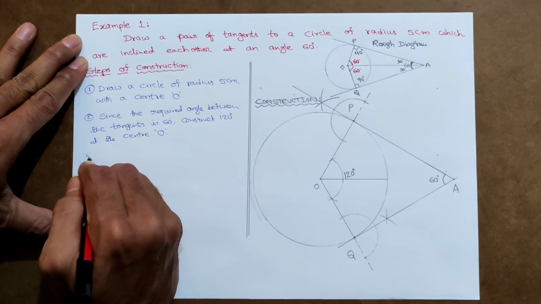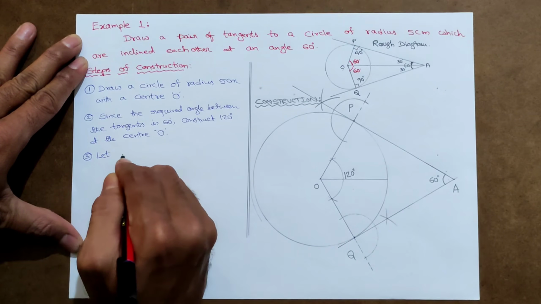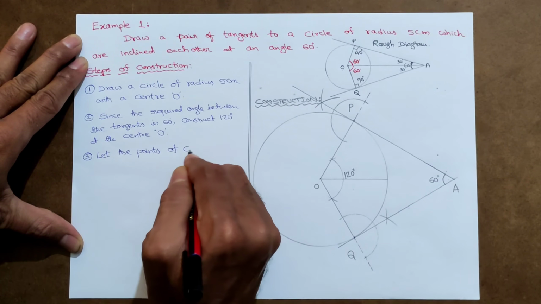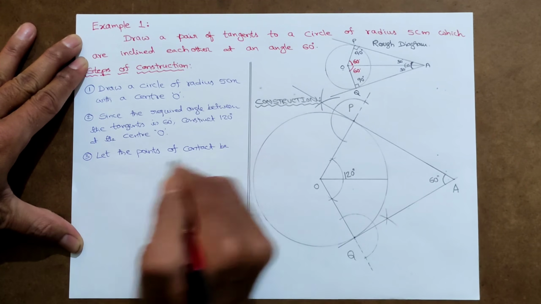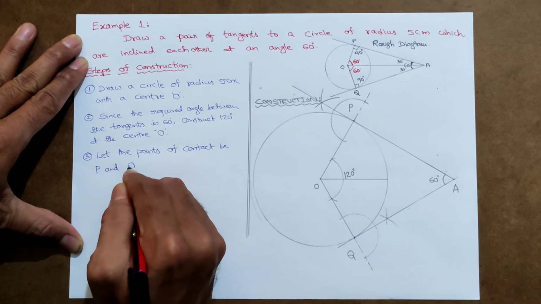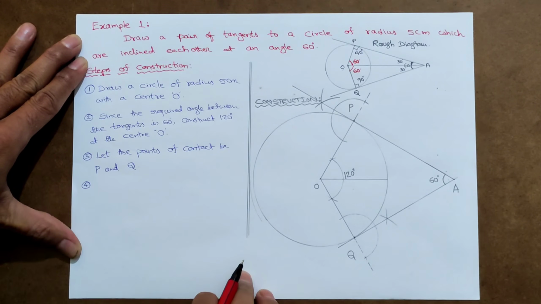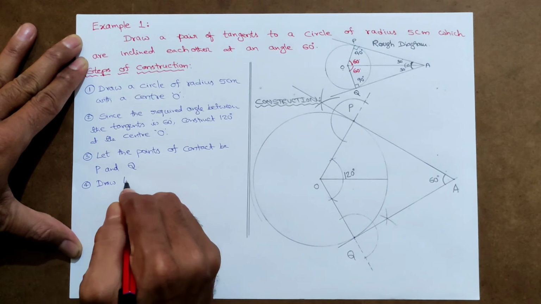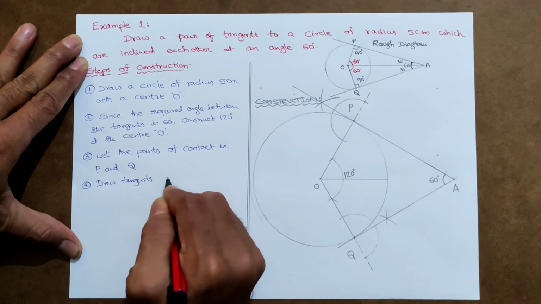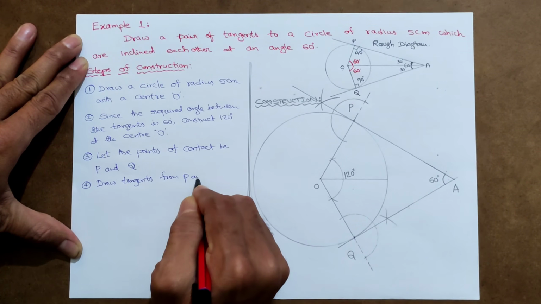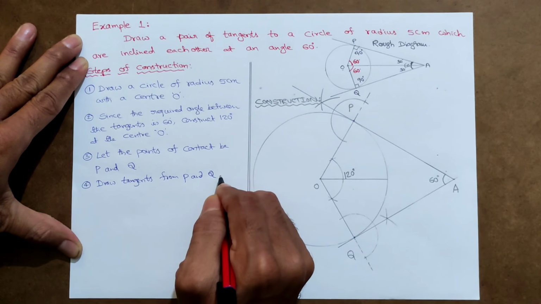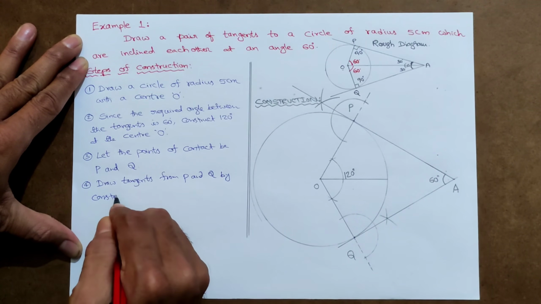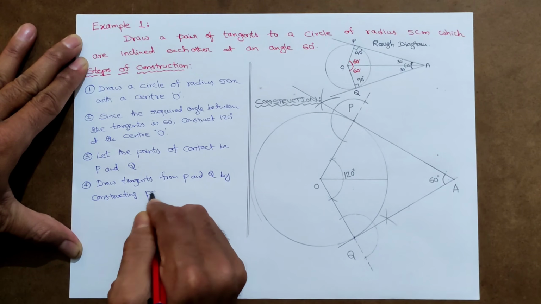So let the points of contact be P and Q. Now next one is that draw two tangents from P and Q by constructing perpendiculars.